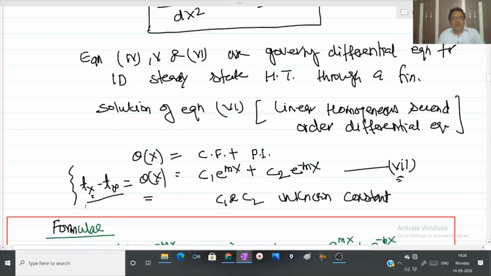So in order to find the values of these two unknown constants c1 and c2, we have to consider some boundary conditions, and depending upon the boundary conditions, the values of c1 and c2 will be determined and we will get an expression for theta x in terms of known temperatures Ts, T infinity and the fin parameter m.